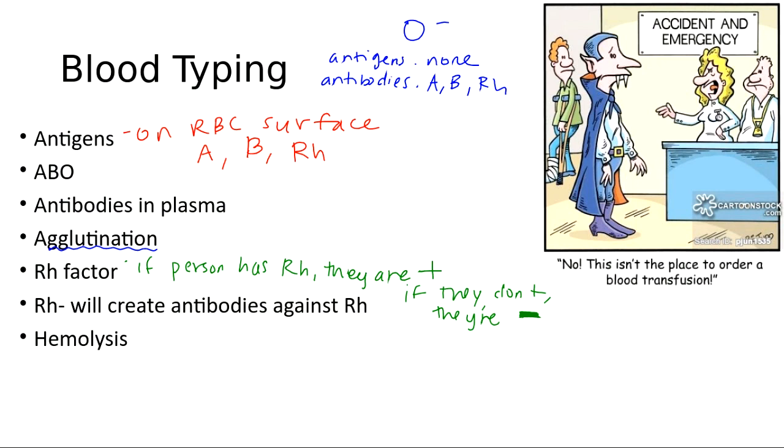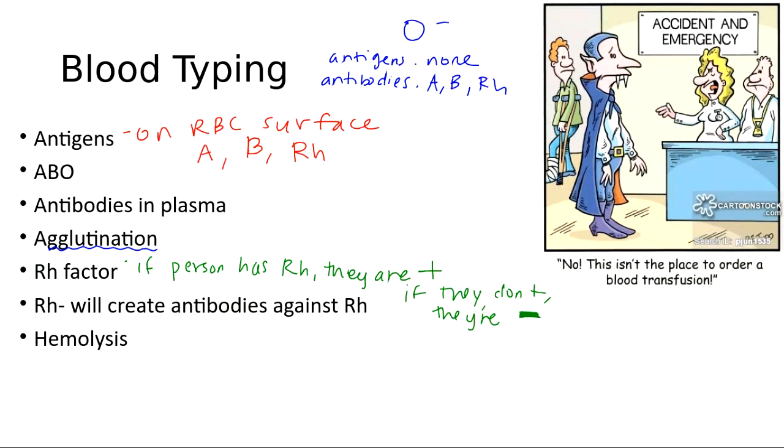Antigens are protein markers on the surface of a red blood cell. Whatever antigens you have determines what your blood type is. The types of antigens in the ABO system with the Rh are A antigens, B antigens, and Rh antigens. The Rh determines if your blood is positive or negative.